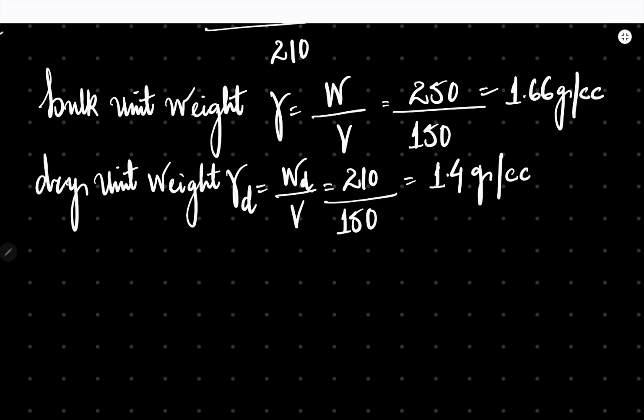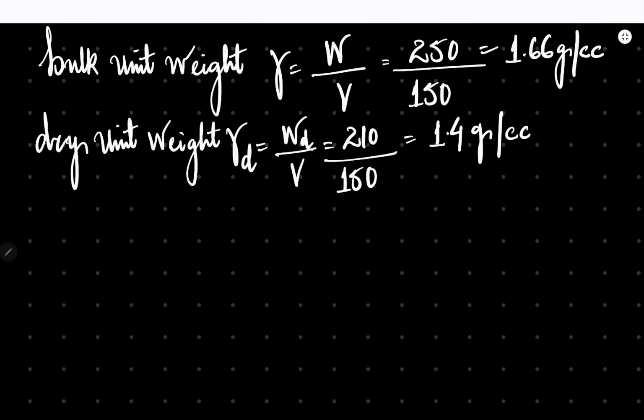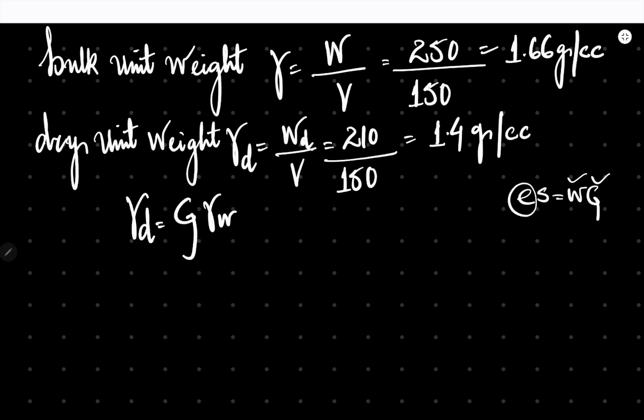Alright, next we'll use the alternate equation of this dry unit weight to find out the void ratio. We're doing everything to calculate degree of saturation, and for degree of saturation I'll be using this equation, S e is equal to w G. I must be knowing e to find the degree of saturation. That's why we're doing this. The alternate equation for finding the dry unit weight is G times unit weight of water, divided by 1 plus e.